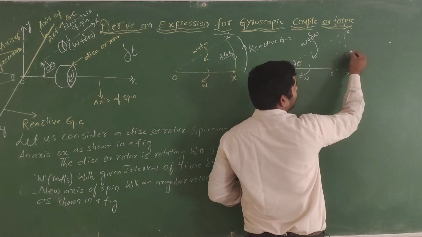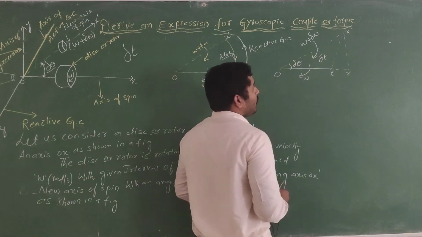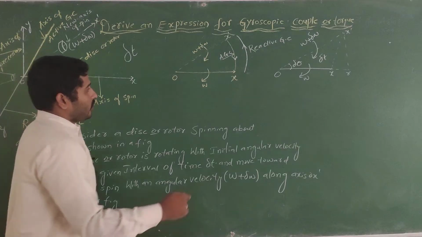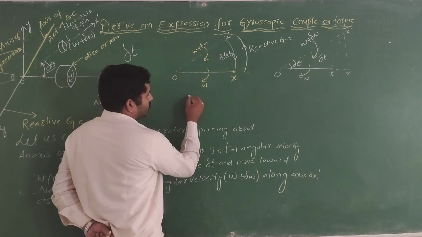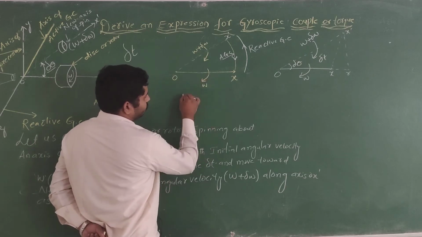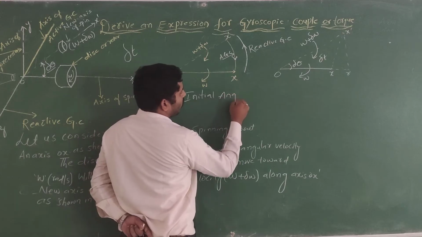The change of time is delta t. Okay dear, and then again we need to find the initial angular velocity.